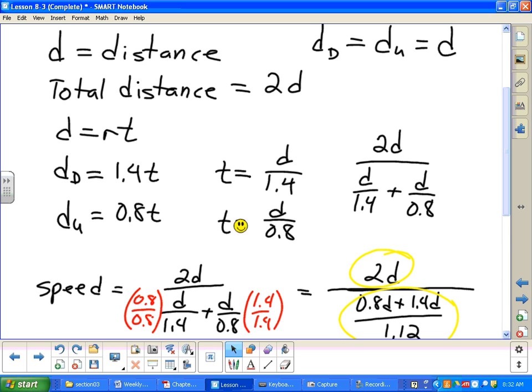So to find the average speed, I have a fraction with my total distance in the numerator and my total time in the denominator, and then it's just a matter of simplifying that fraction. So those are the main key points. To start with, what's my total distance? What's my total time? And it gets a little complicated because you end up using expressions to represent them instead of actual numbers.